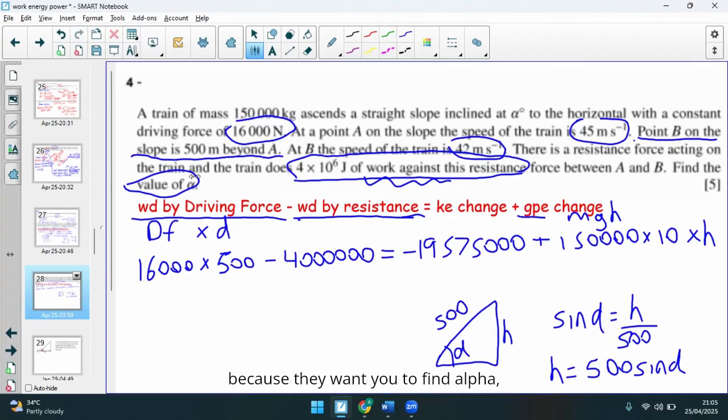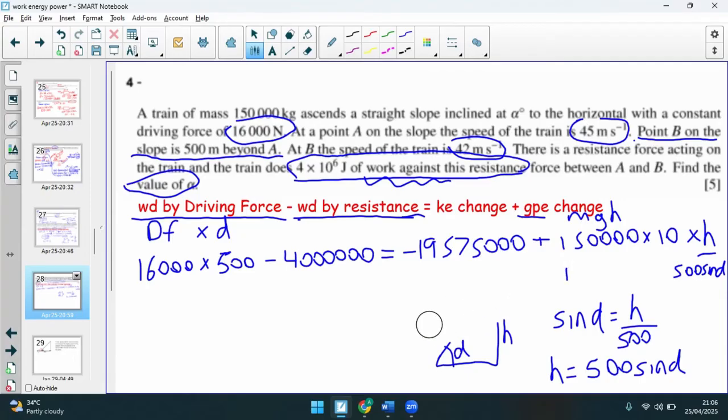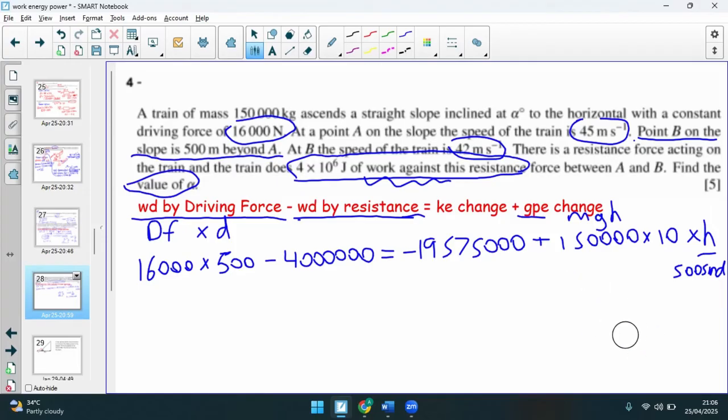But because they want you to find alpha, the angle, I'm going to change that to 500 sine alpha. Let's drop this off. Right, so let's calculate this.